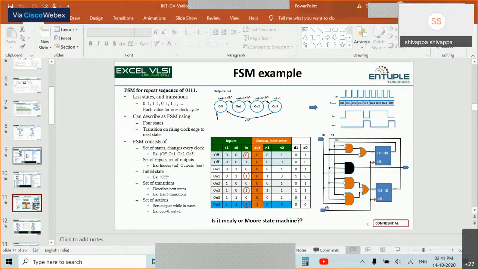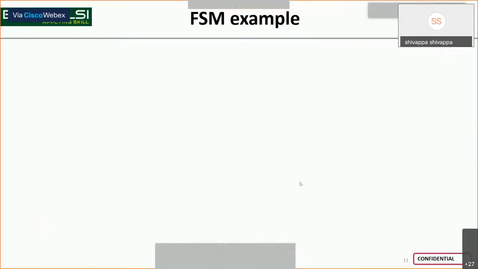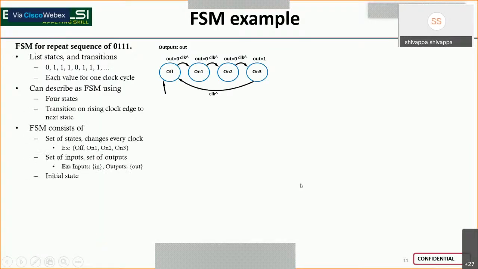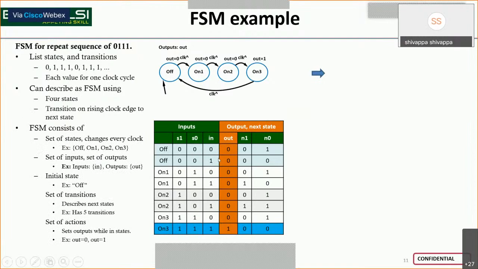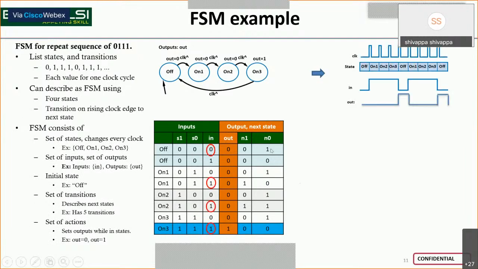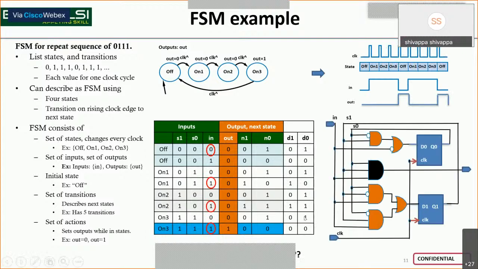So based on this, now we discussed the state machine and the code, right? The circuit realization based on the truth table, right? You can look at the optimization, and there is one example given with inputs, outputs and next state for a particular sequence.